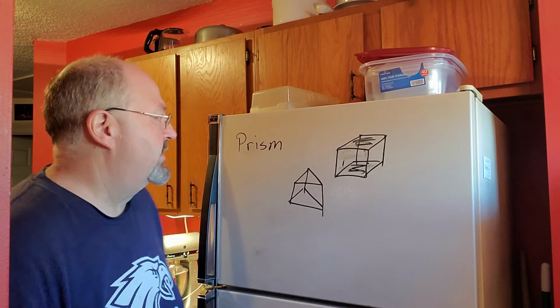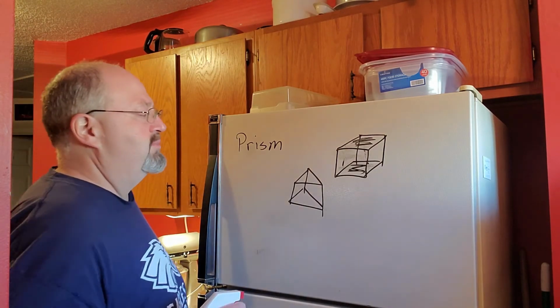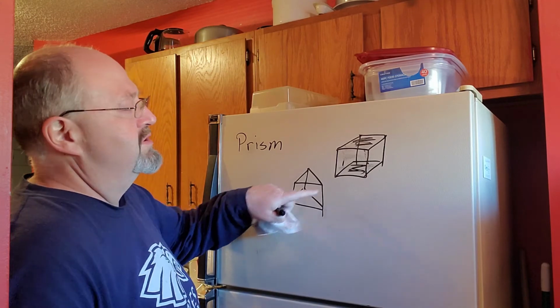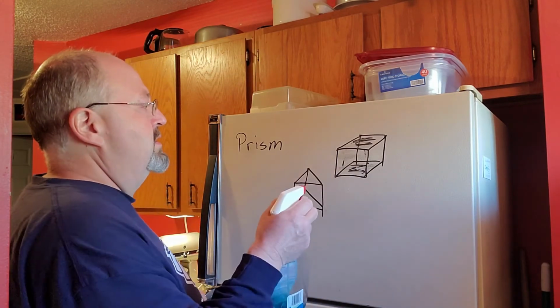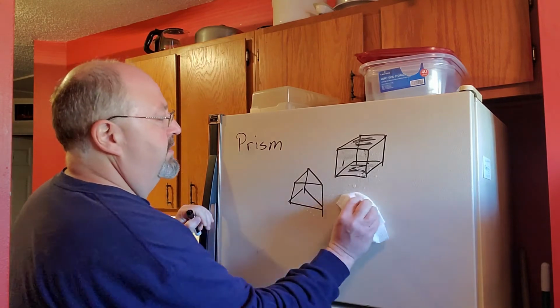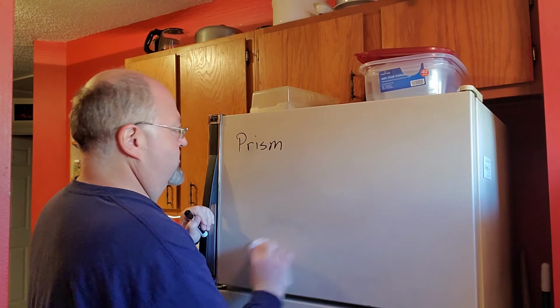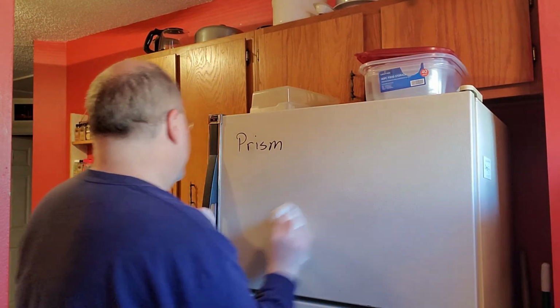You end up with a prism. And prisms are named by whatever shape the bases are. So triangular prism, rectangular prism. There is a special case prism where the base is a square, in which case you have a cube. So those are prisms.